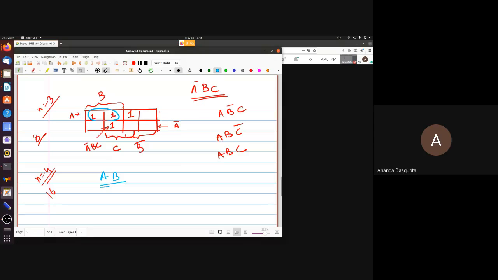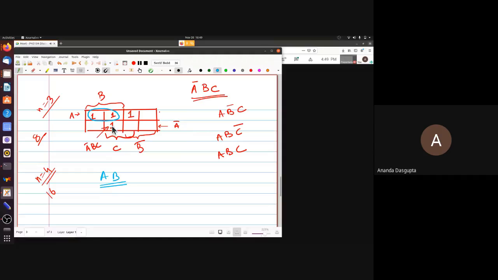So this is AB. The way you think about it simply is this pair belongs to A definitely, because both of them are in A. C does not come into the expression, you just have AB. That's it. So this is AB, fine.